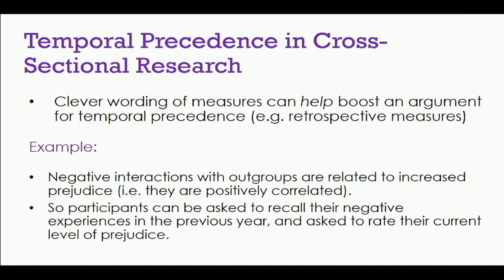And you could imagine that someone who is prejudiced, it would fuel their beliefs that they're different, they're separate, they're not like us. And then you could actually look at the correlation and see whether it's related to their current level of prejudice. So that might be one way to sort of bolster evidence. You can't rule out third variables, but it at least sort of supports your causal direction.